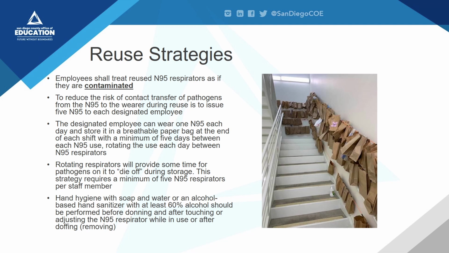To reduce the risk of contact transfer of pathogens from the N95 to the wearer during reuse, issue 5 N95s to each designated employee. The designated employee can wear 1 N95 each day and store it in a breathable paper bag at the end of each shift, with a minimum of 5 days between each N95 use, rotating the use each day between N95 respirators.